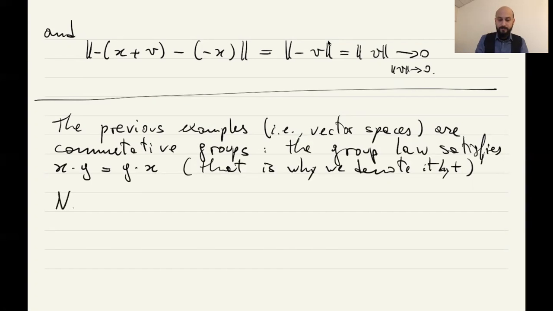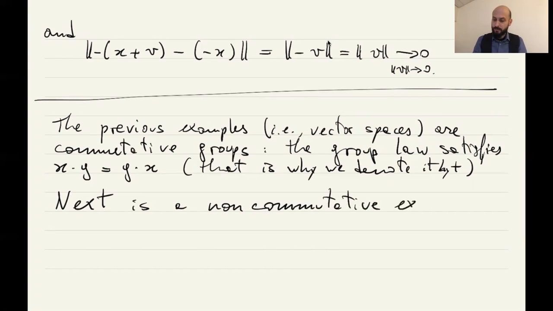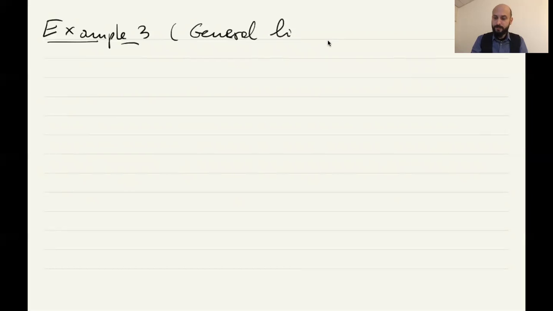Okay, next I want to take a non-commutative example. Example 3 is called the general linear group.